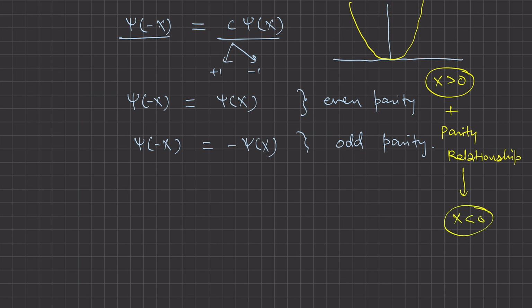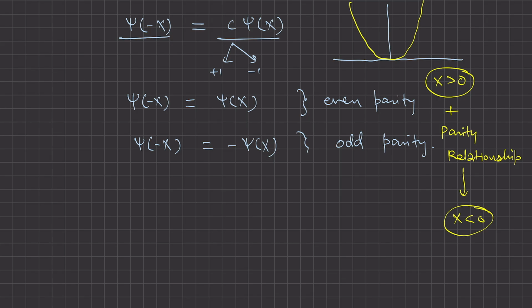So this is the beauty of this parity relationship: if you know the nature of the potential is symmetric, you know the corresponding parity relationship, then you can work in only one single space where x is greater than 0. Then you can automatically get the quantum states of the region where x is less than 0.